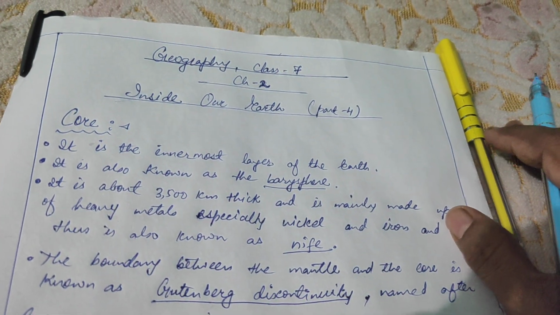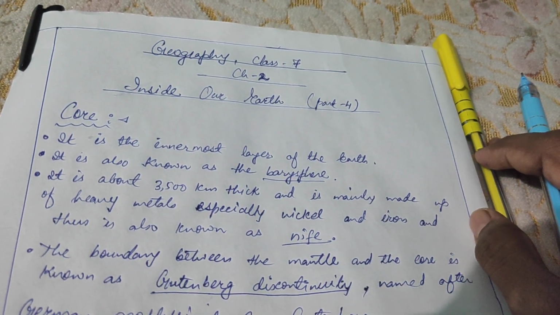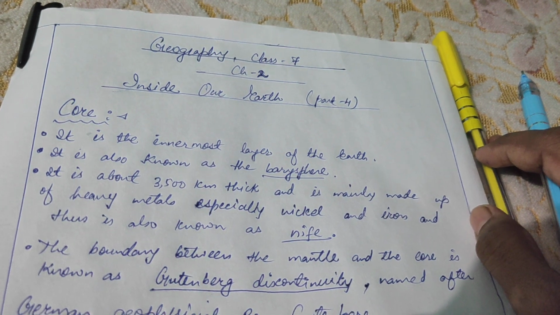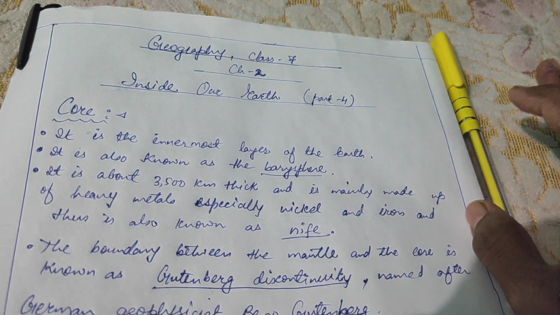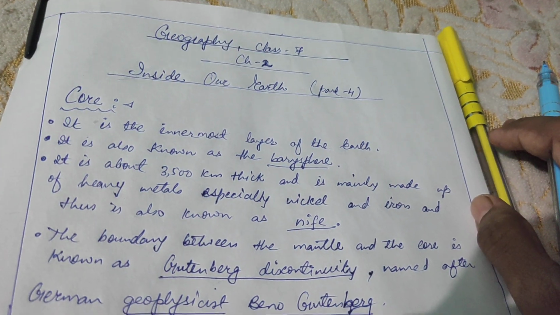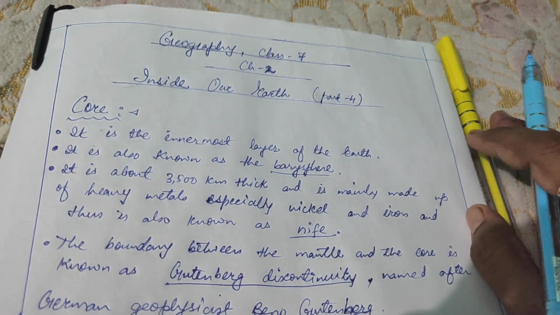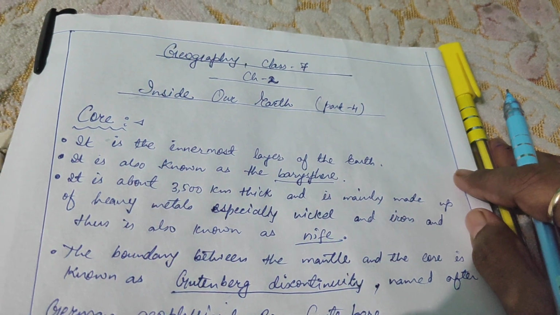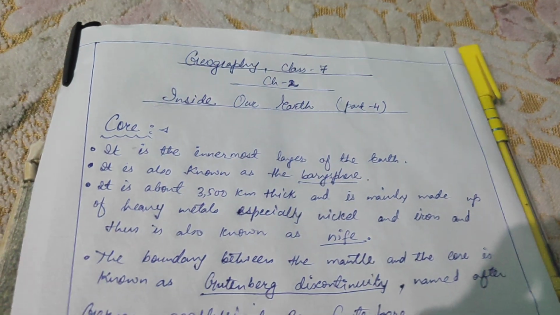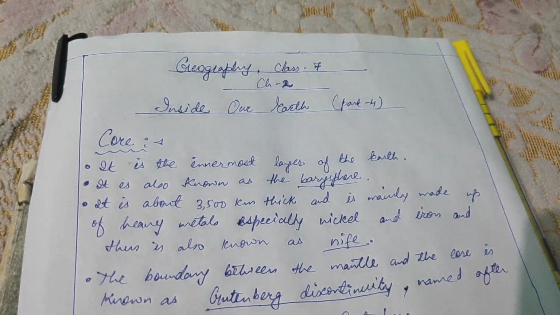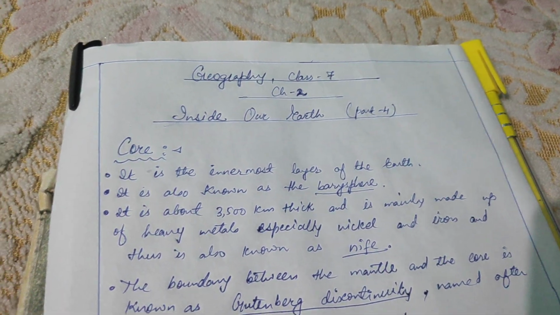Now let's see, the boundary between the mantle and the core is known as Gutenberg discontinuity. Gutenberg discontinuity is the boundary which separates mantle from core. And what is the name of the boundary which separates crust from mantle? This is Mohorovičić discontinuity, also known as Moho.